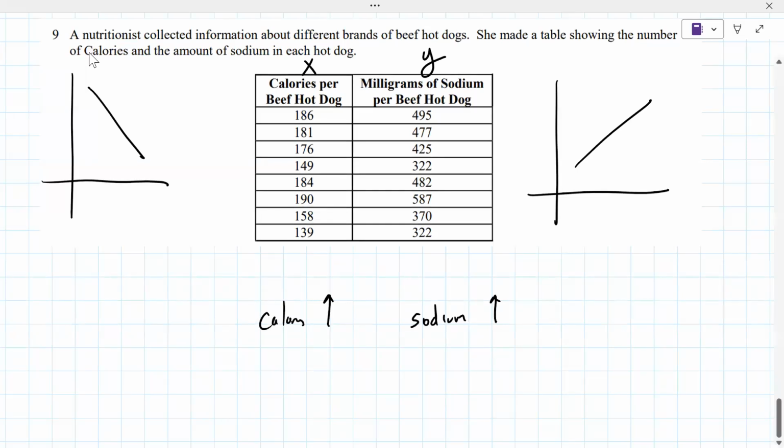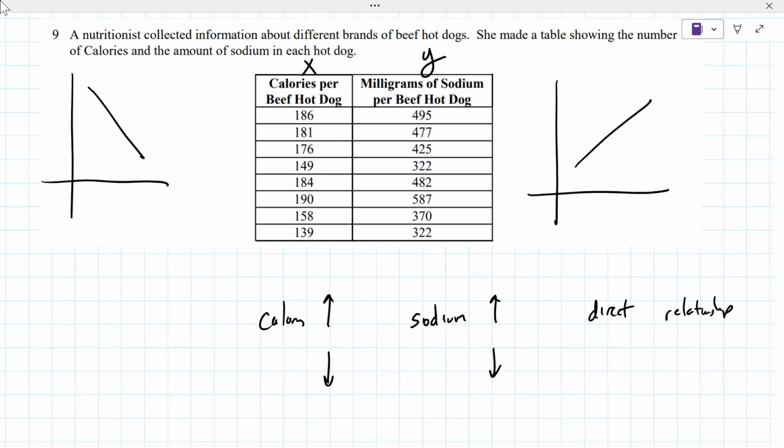This is called a direct relationship because they go in the same direction. And if calories were to decrease, sodium would also decrease. And as we kind of talked about, these are easier to come up with compared to the other ones.